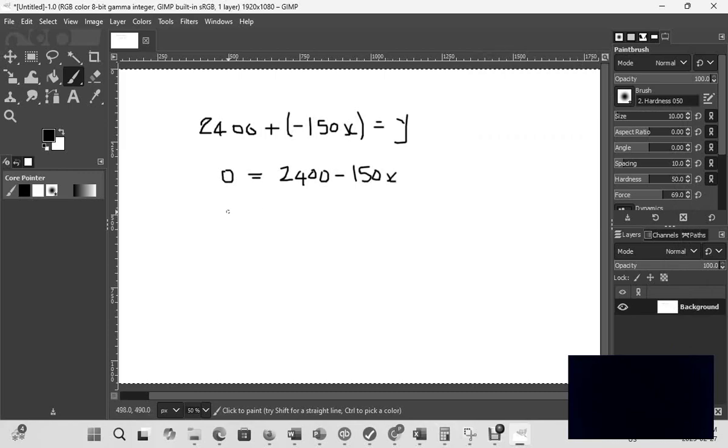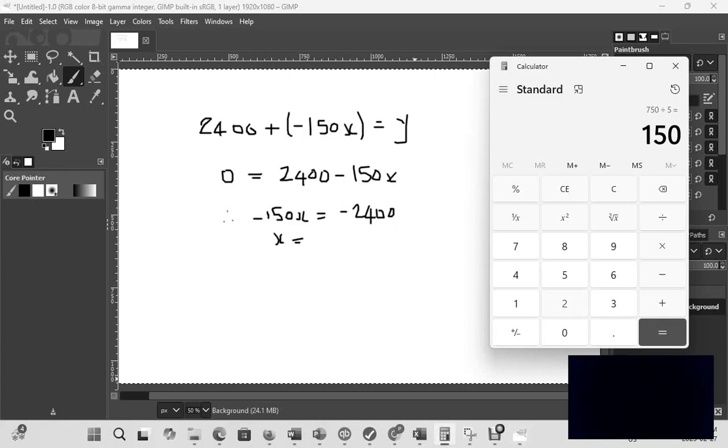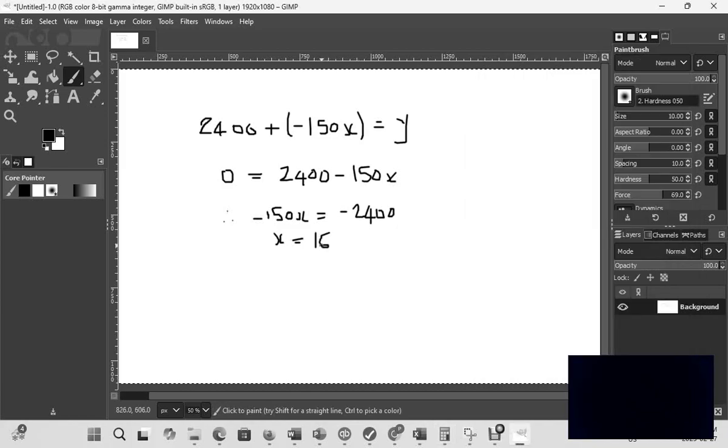If you need to isolate for x to find the total number of years, this will be 150x equals $2,400, which means that x equals 2,400 divided by 150. This is a total of 16, so x equals 16. This will be 16 years.